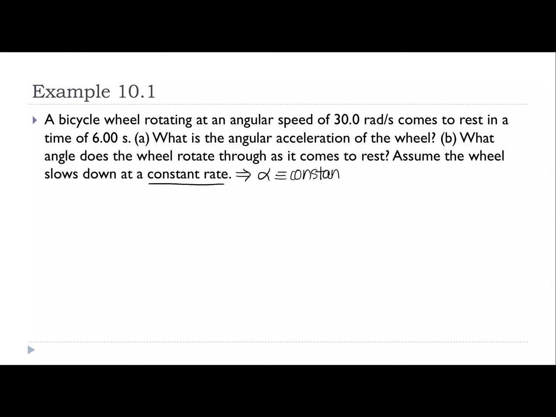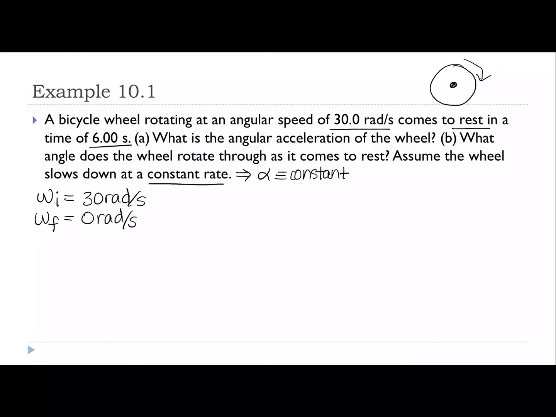So these pictures are a little bit harder to draw because it is an object that's rotating about an axis, but I could imagine that I have a bicycle wheel and it's rotating around, and at first it's rotating at 30 radians per second, and it has some axis of rotation through the center. So the initial angular velocity is 30 radians per second. It says that it comes to rest, so the final angular velocity is 0.